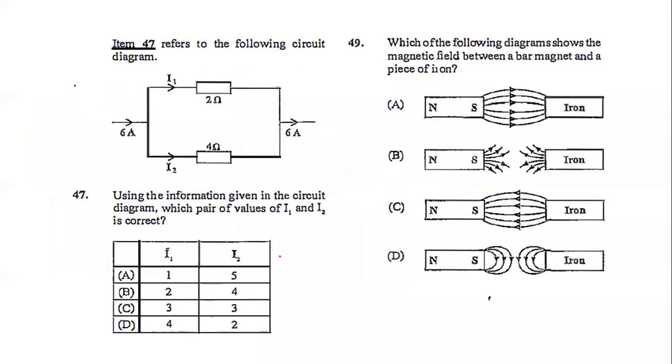47. So let's see who got 47 correct. Let's start sending your answers for 47. What we should note is that this is a parallel circuit. In a parallel circuit, the voltage is the same. So whatever is the volt here is the same as the volt here.